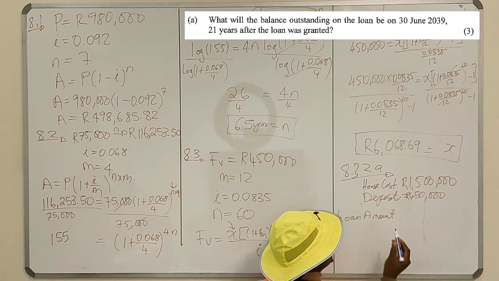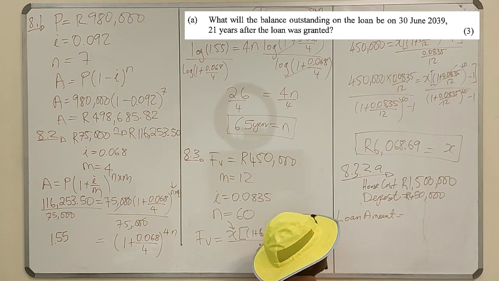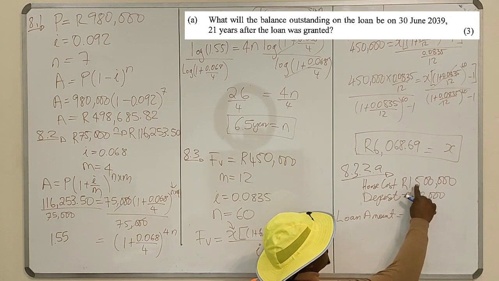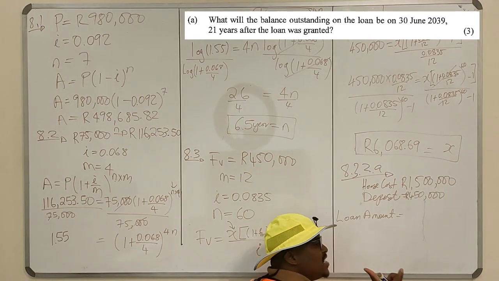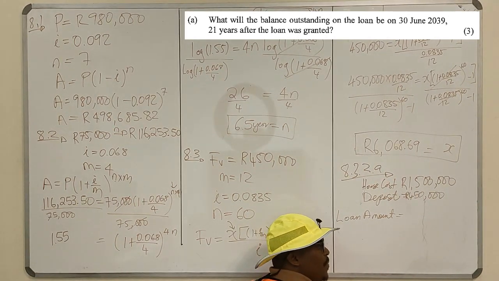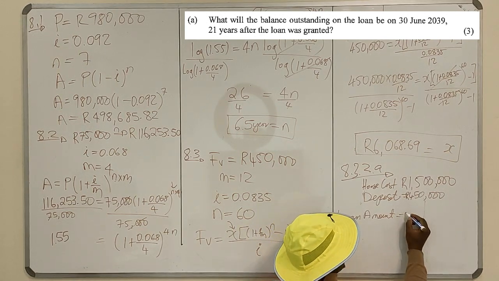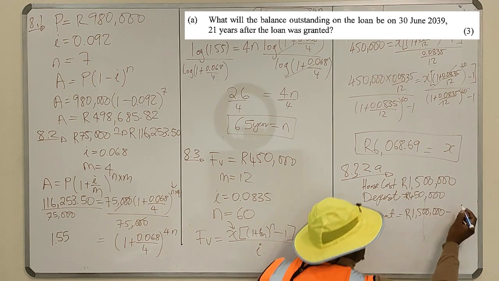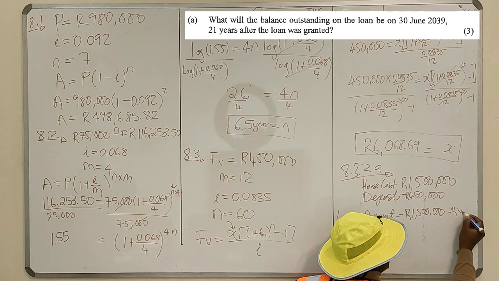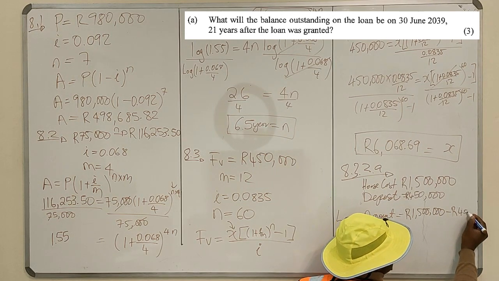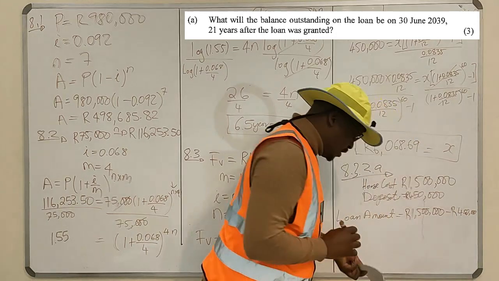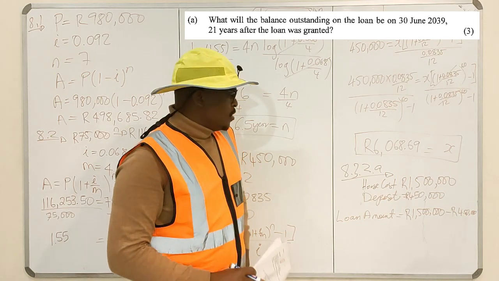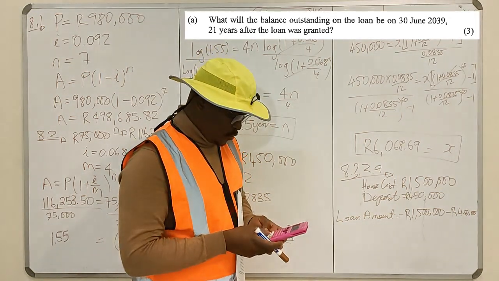The amount that he took out as a loan will be the difference between the two, because if the house is costing 1.5 million and then he deposits 450,000, then the difference between the two will be the actual amount that he will need to request from the bank as a loan. Which means the loan amount is 1.5 million minus 450,000. So the difference between these two will tell you how much money he got as a loan. So how much money did he get as a loan?